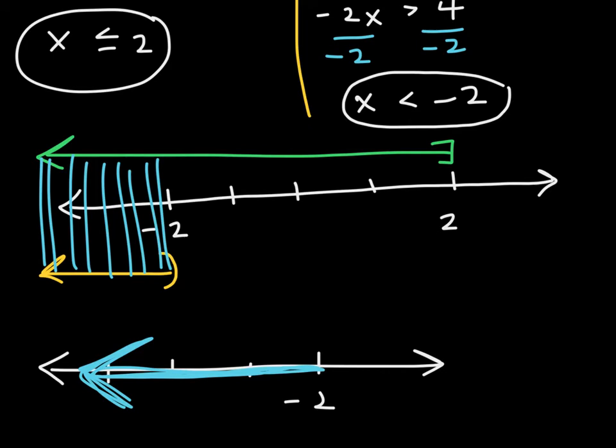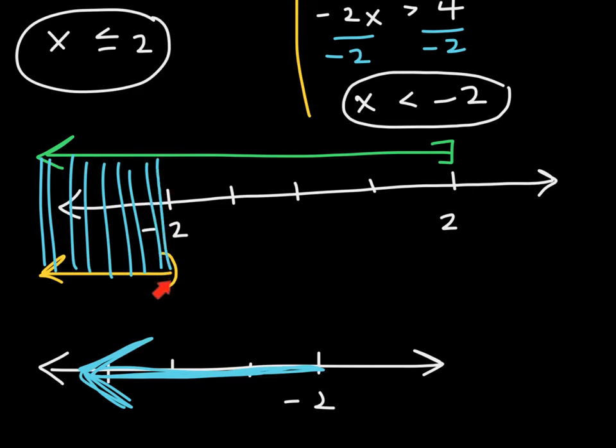Well, if you put a bracket at negative 2, that means negative 2 makes it into the intersection. If you put a parenthesis at negative 2, it means that negative 2 is excluded, not included in the intersection. The only way negative 2 is included in the intersection is if negative 2 is in both sets.